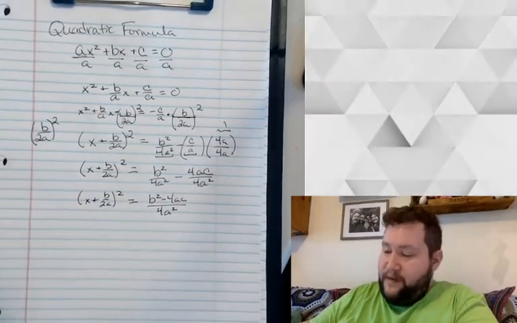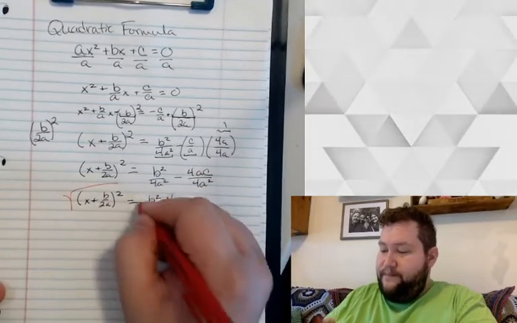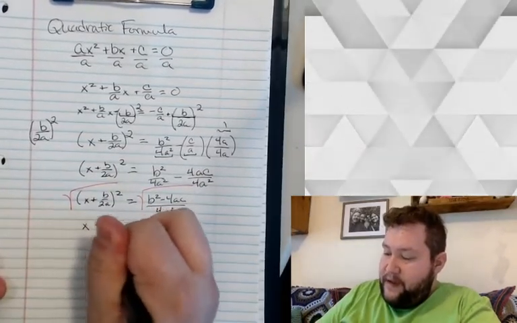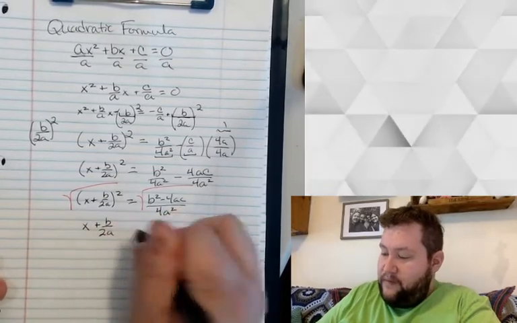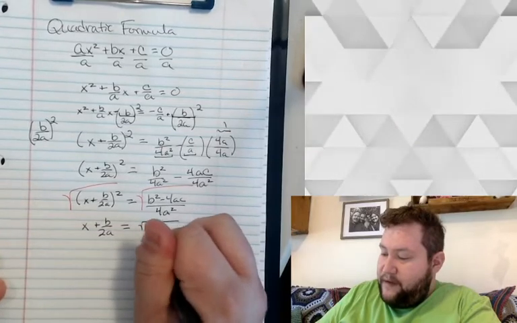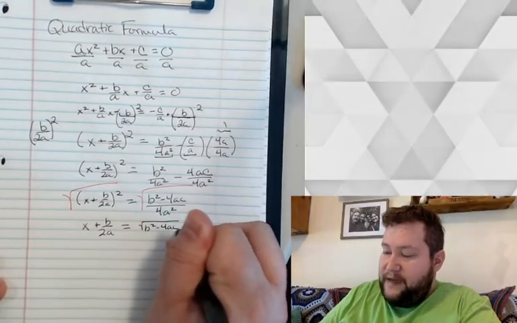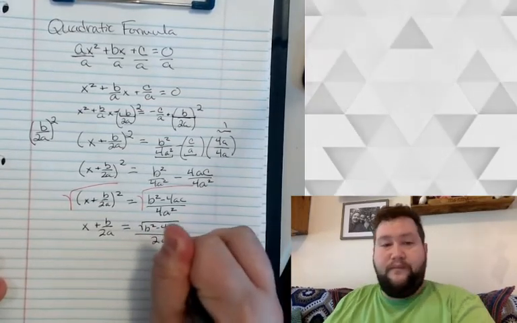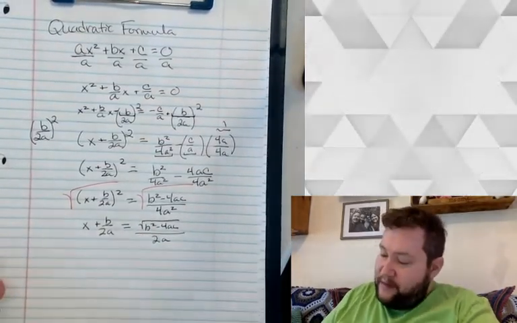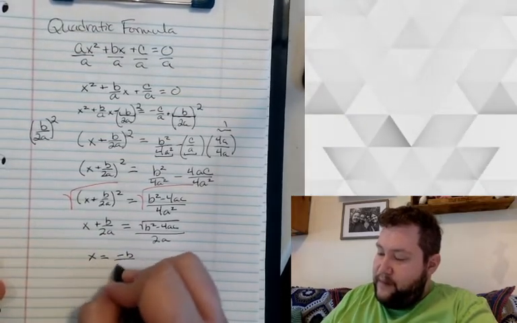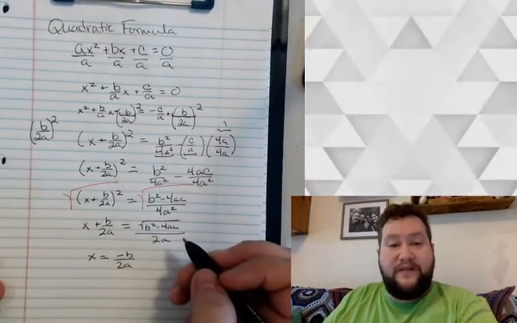Use our square root method. We have x plus b over 2a equals, I'm going to leave that square root, b squared minus 4ac, but I can take the square root of that denominator and get 2a. We want to get our x alone, so x equals negative b over 2a. But what did I forget to introduce?